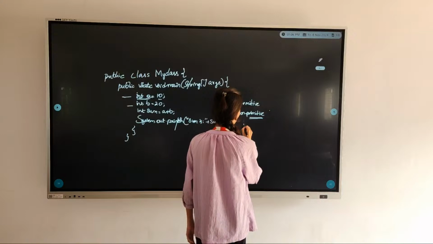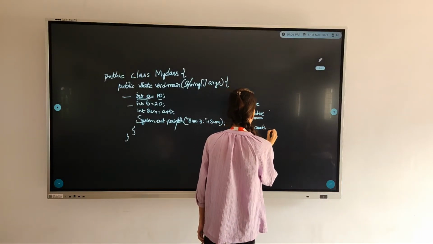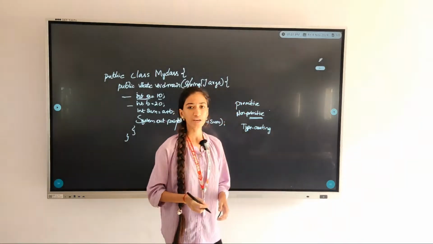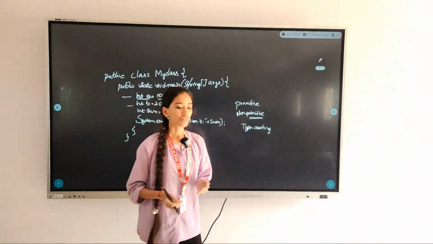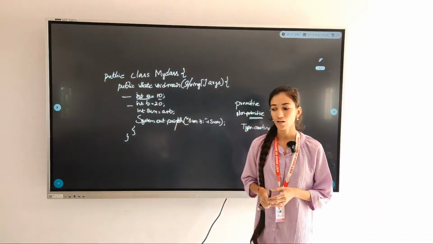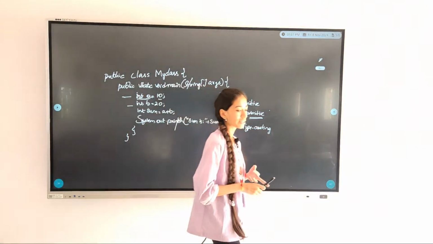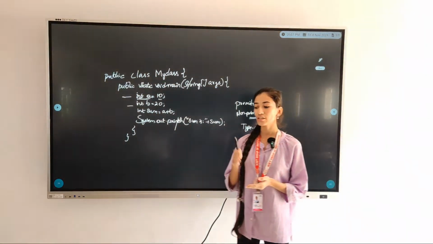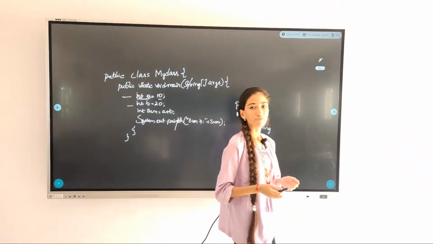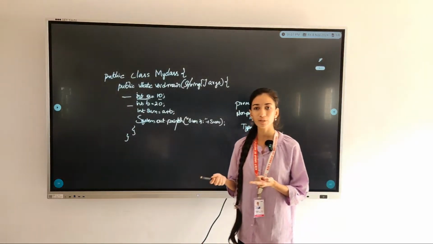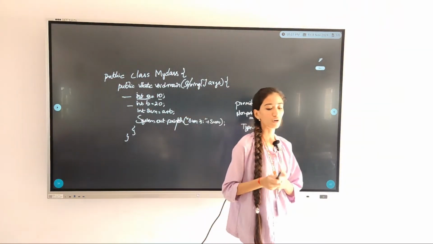We have typecasting. Typecasting is the process where we can change one data type into another data type. We have two main types in typecasting: implicit and explicit. Implicit means changing the data type from a smaller data type to a larger data type. For example, we can convert from int to long.